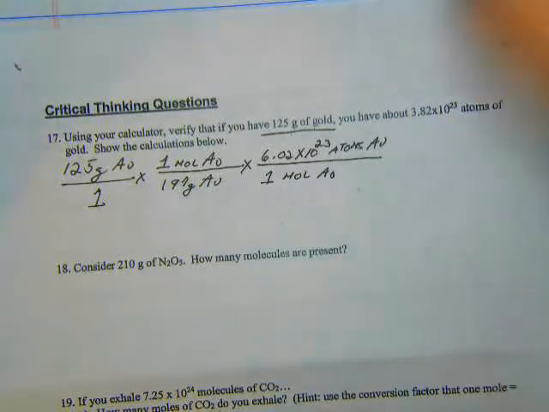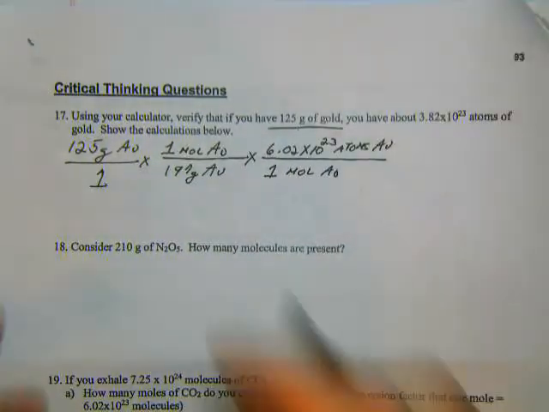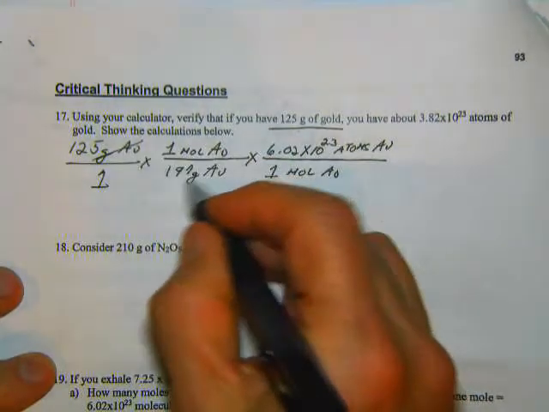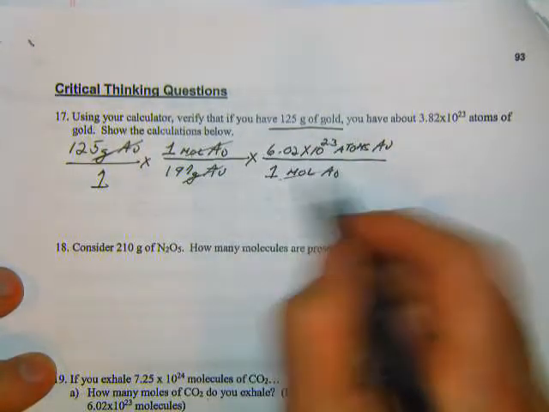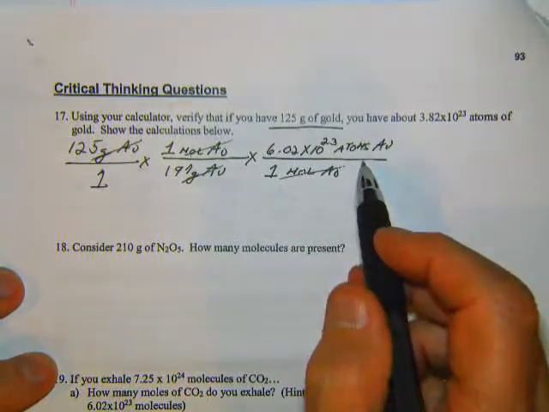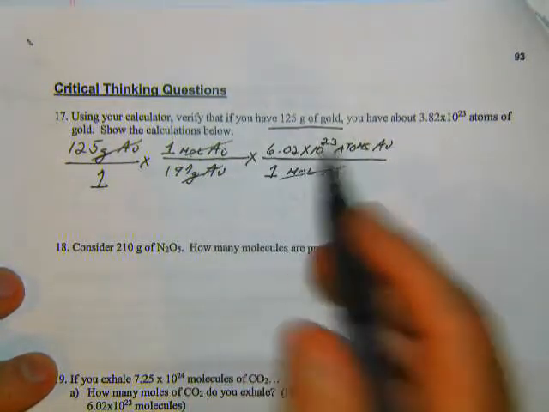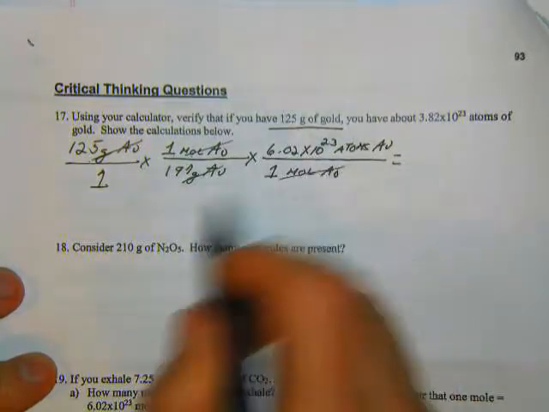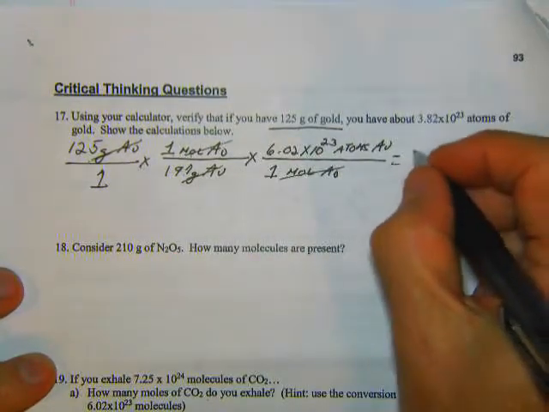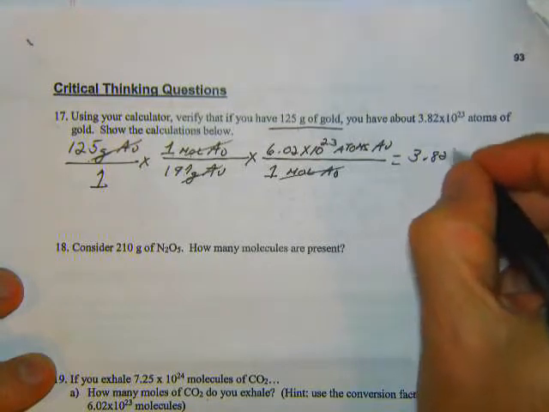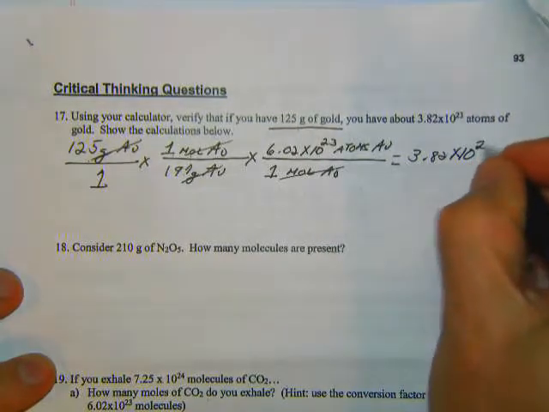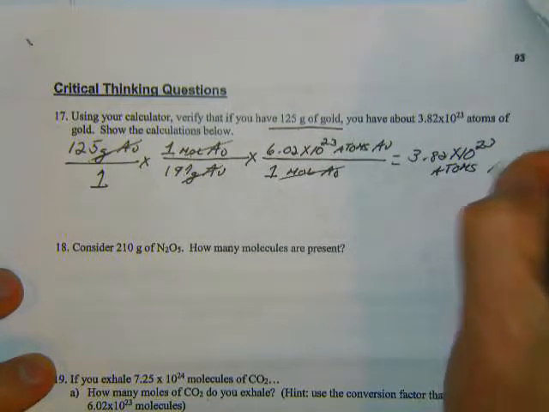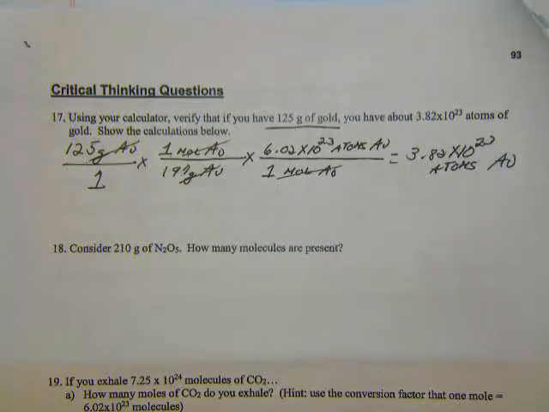Grams of gold, those are gone. Moles of gold are gone. So we're left with atoms. If we do the math, we'll find this is 3.82 times 10 to the 23rd atoms of gold. So that is correct.